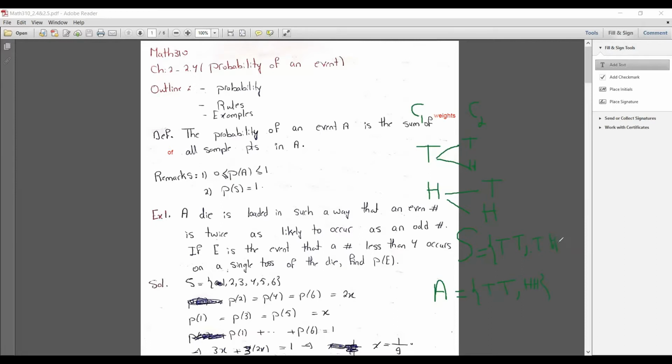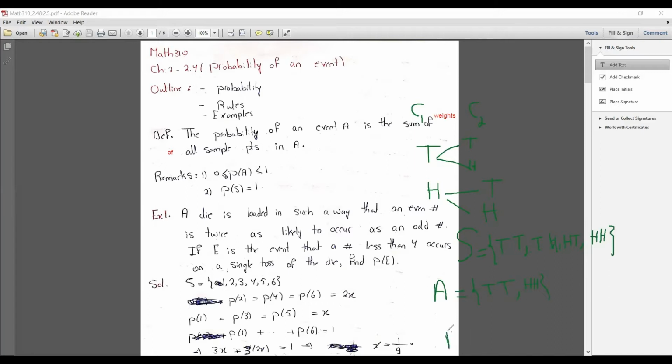We have also HT. And finally, we have HH. So if you look here, the sample space contains how many elements? It contains 4 elements or 4 sample points. And the event A contains 2 points.